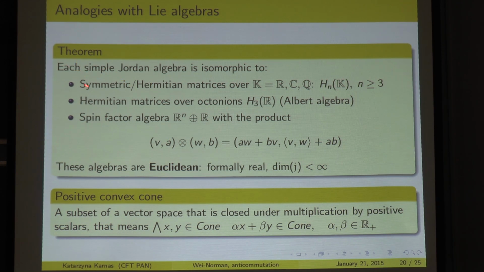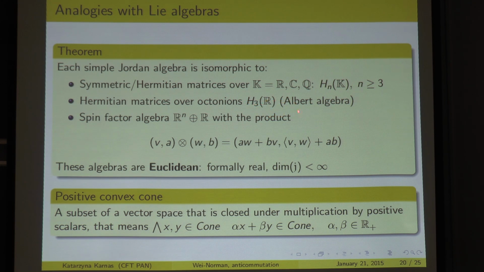And there's the theorem that each simple Jordan algebra is isomorphic to one of these three families of Jordan algebras, that means symmetric or Hermitian matrices over real, complex numbers or quaternions, or to Hermitian matrices over octonions, but only, that means, 3 times 3 matrices.